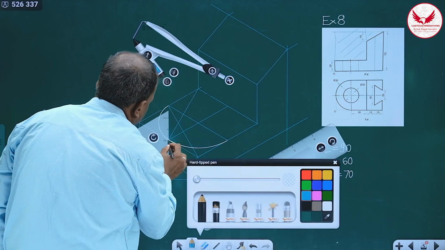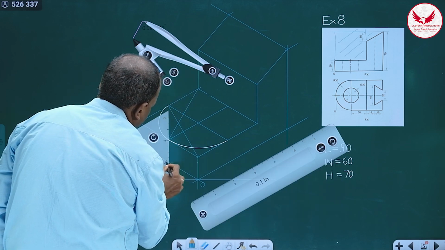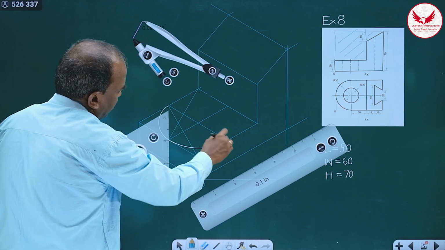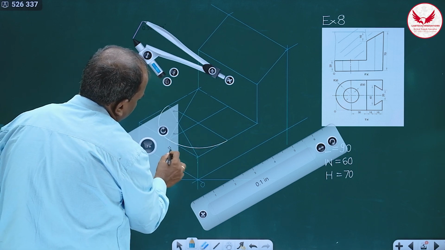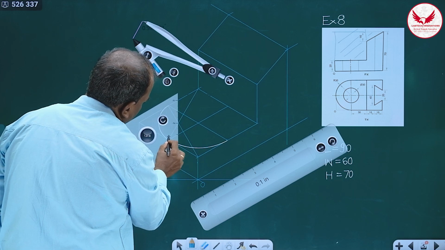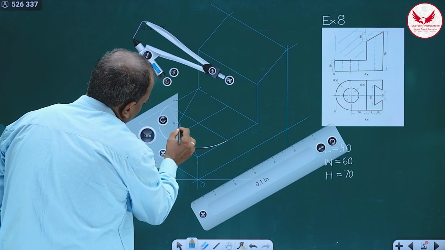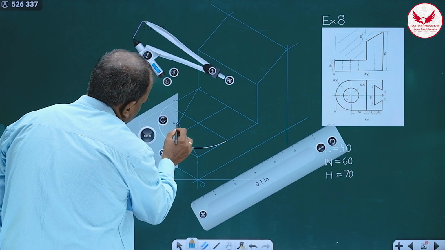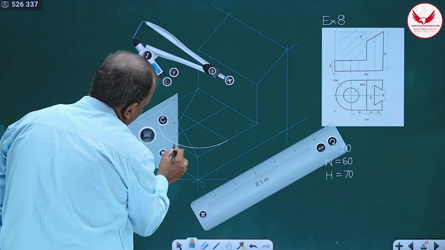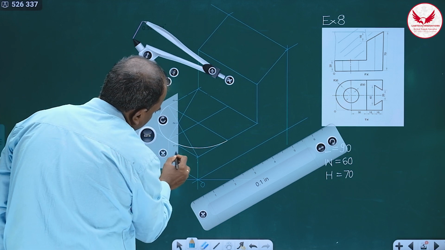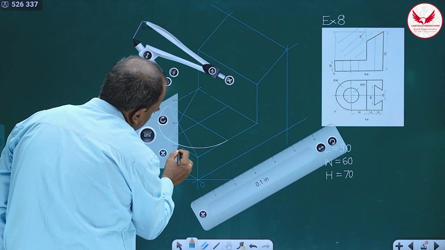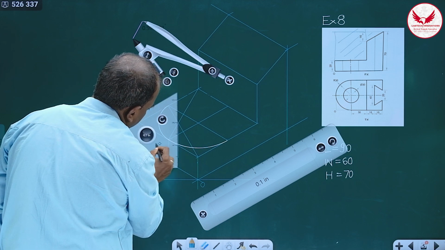One point is this, shift it by 20, means by this thickness. Again, no need to shift, it is going to be the back side. Its center you have to shift by 20 like this. So up to 20 I have shifted the center, or you can draw the vertical line and on that you can mark this as the shifted center.